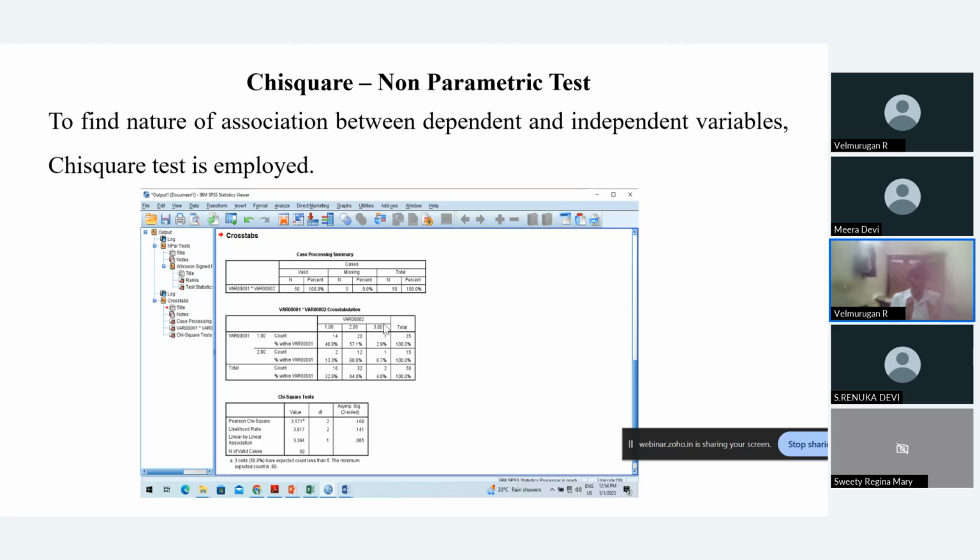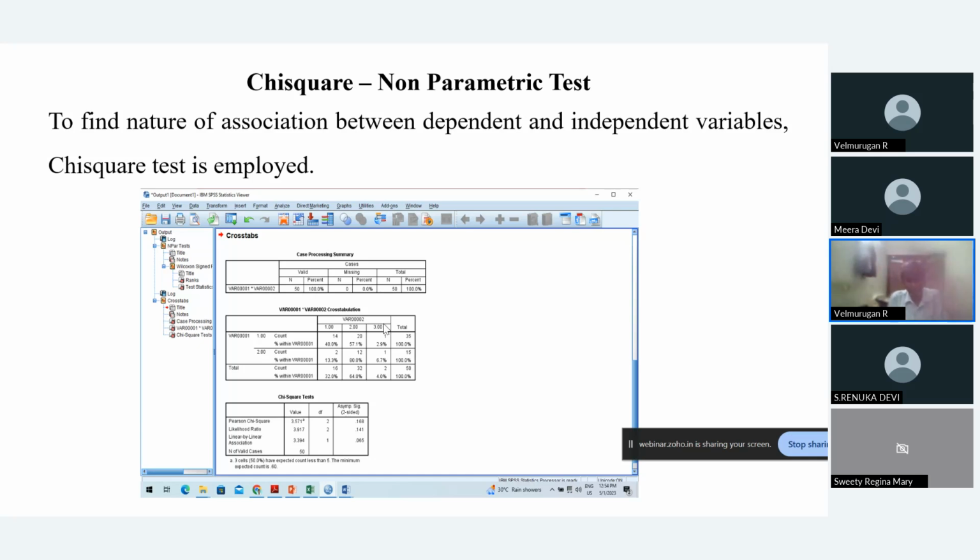So based on your objective, if you want to measure association and your population is not normally distributed, then only should you employ chi-square. The purpose of chi-square is to find the association between two variables.